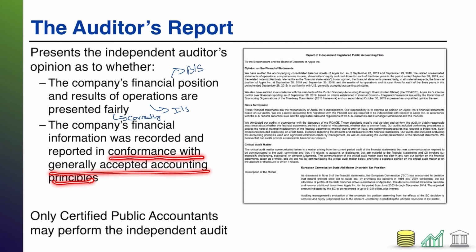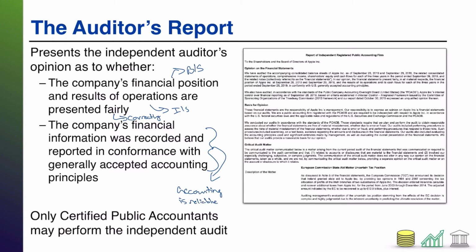That's our US GAAP. And so what this is telling you is, hey, if you did this, then your accounting is reliable. They followed the rules. They did the accounting the way they were supposed to do it. You can rely on these financial statements.